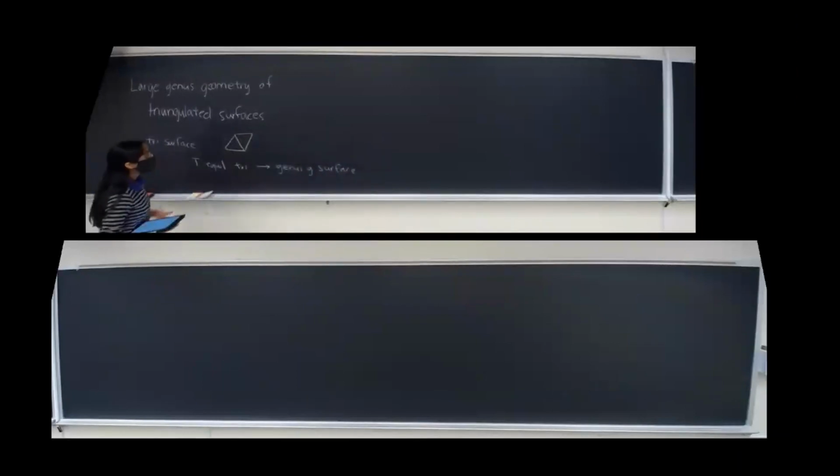If you get a combinatorial genus g surface, then each equilateral triangle you can view as being embedded in the complex plane. And so you have a complex structure on each triangle, which is preserved by gluing and extends over the vertices.